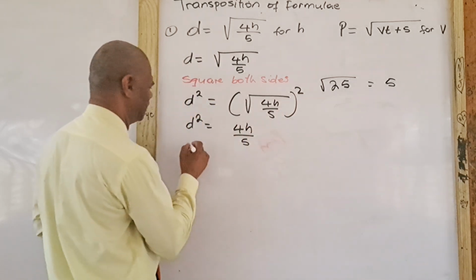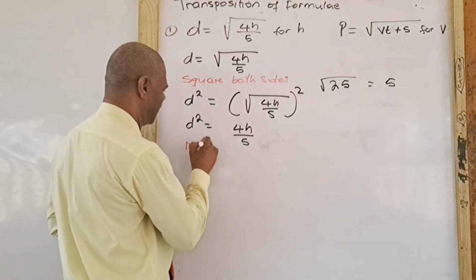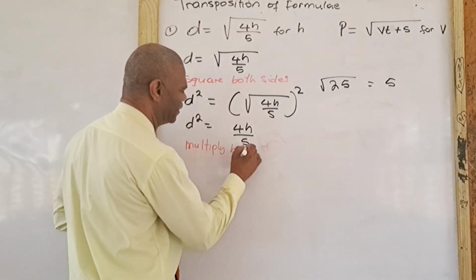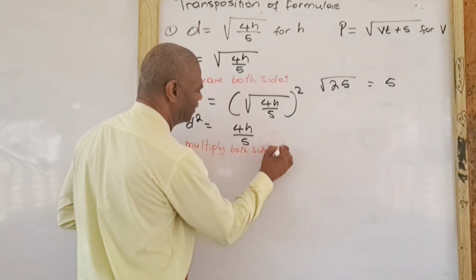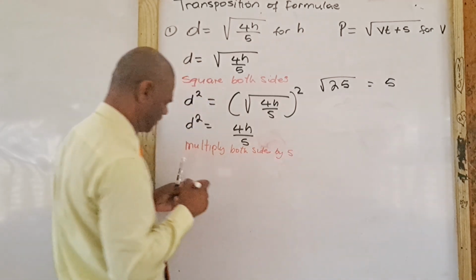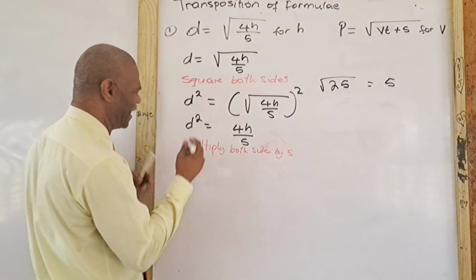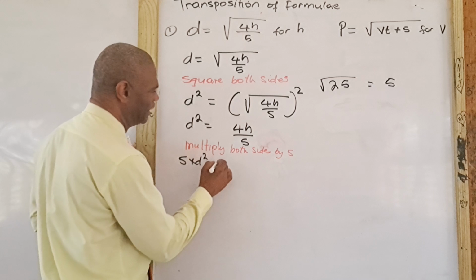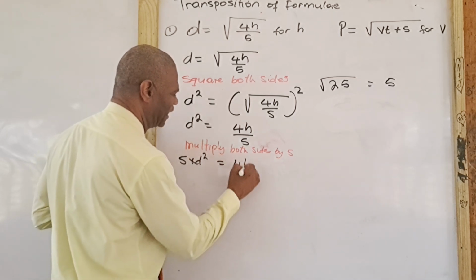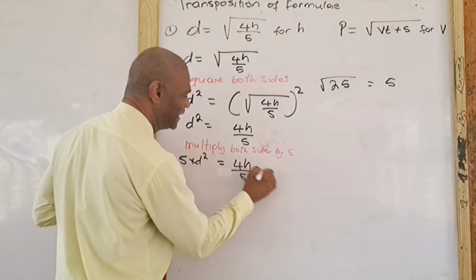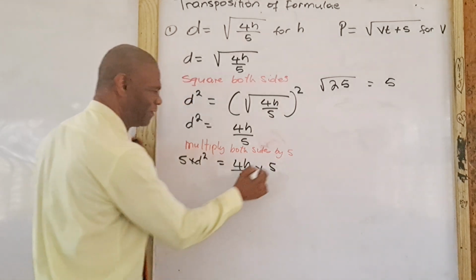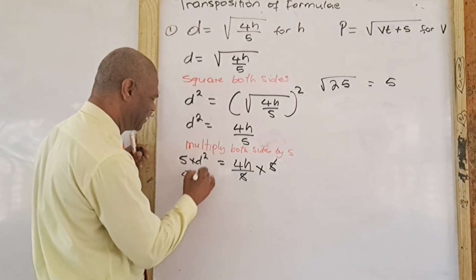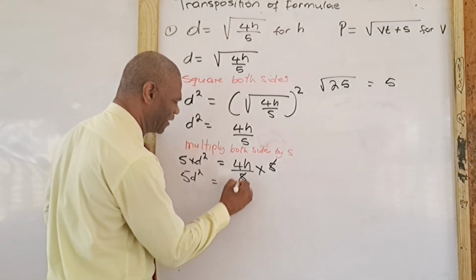If I multiply both sides by 5, I get 5 times d squared equals 4h divided by 5 times 5. Now the 5 is cancelled. We're left with 5d squared equals 4h.